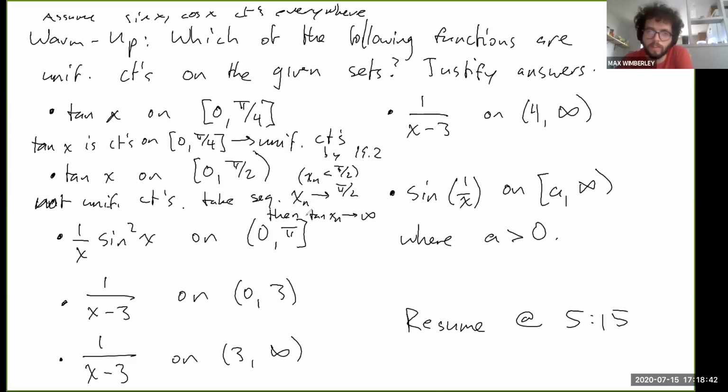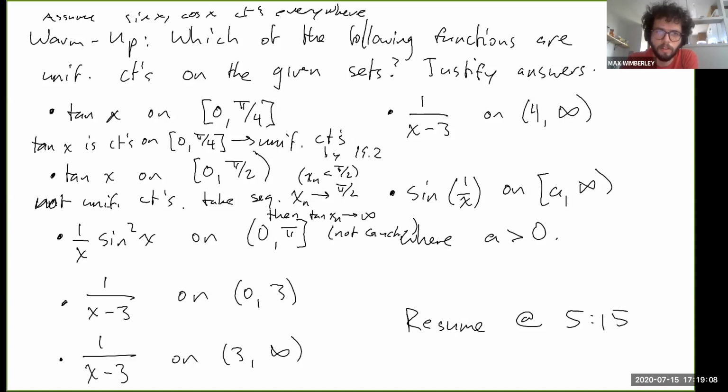So tangent of xn goes to positive infinity. And that means that the sequence tangent of xn is not Cauchy. Then by 19.4, I think, this can't be uniformly continuous.